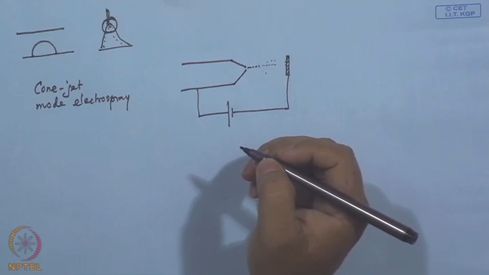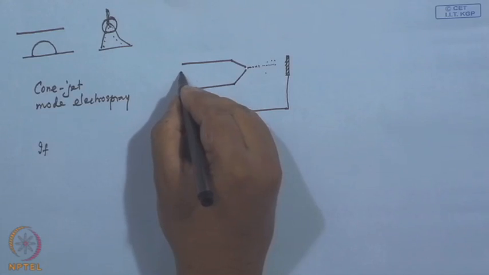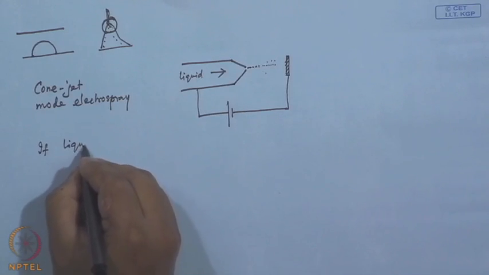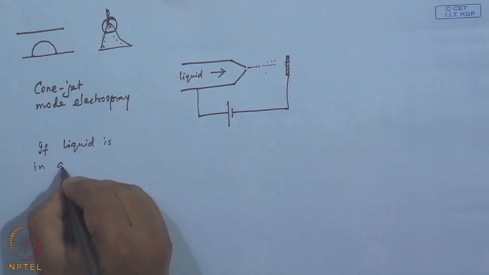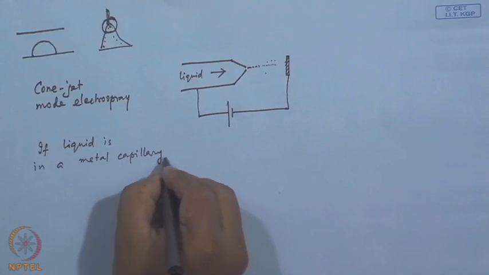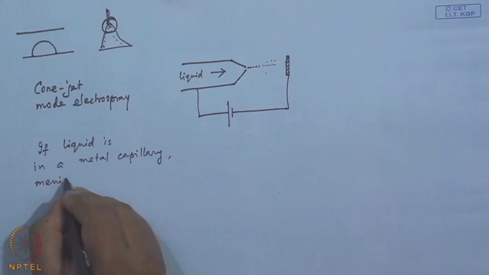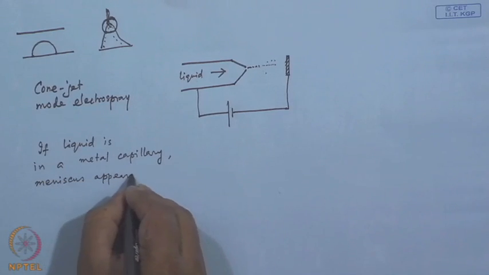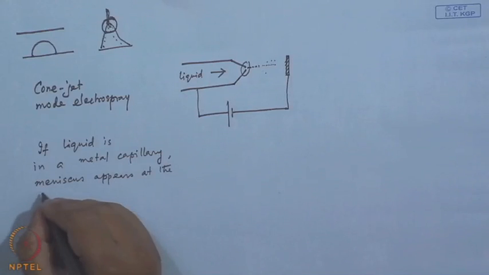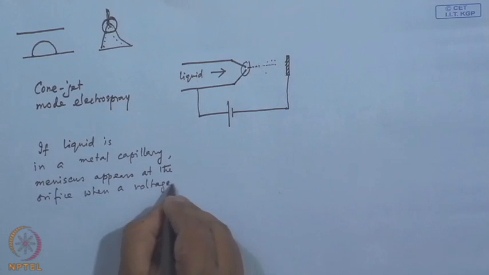So what we are saying here is, liquid is coming from this side in a metal capillary, and then a conical meniscus appears at the orifice, at this place, when a voltage is applied.